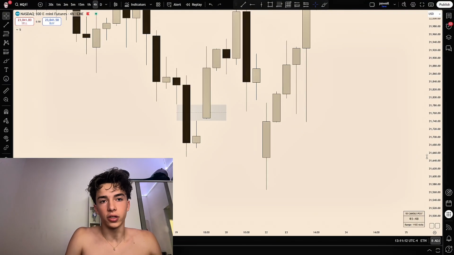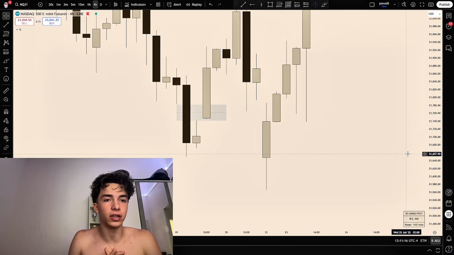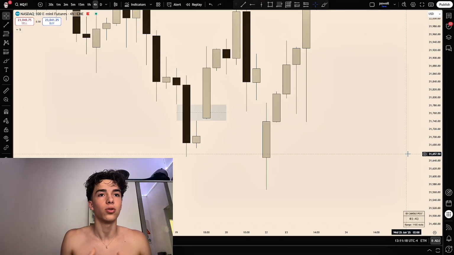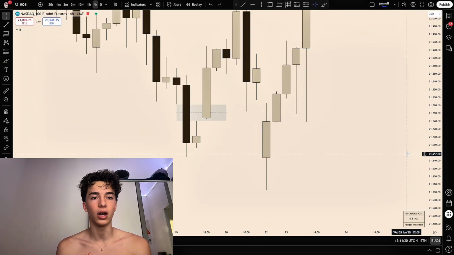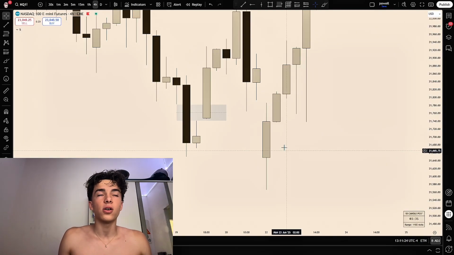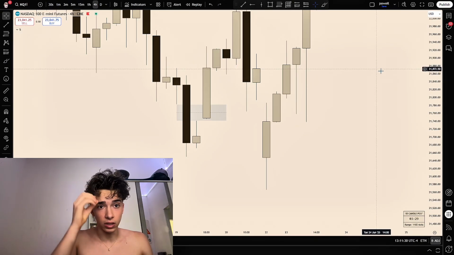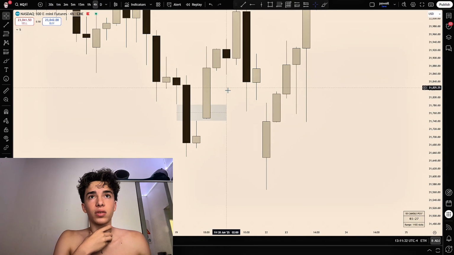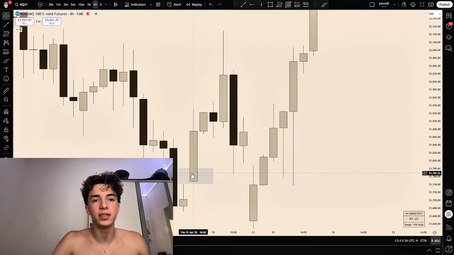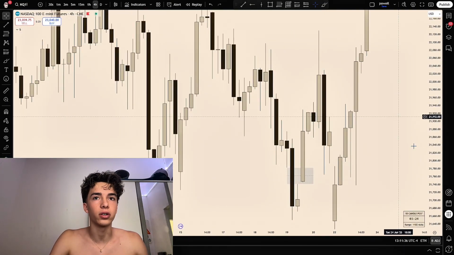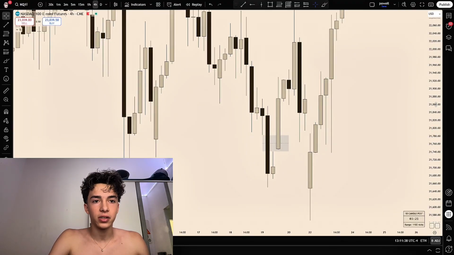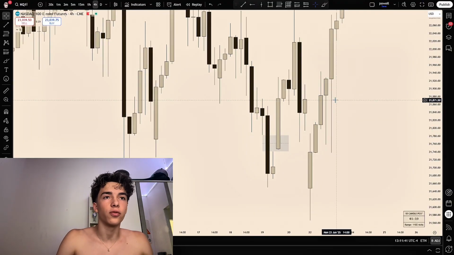How is an inversion fair value gap useful for us? For two main reasons. First, as a confluence: when we trade my style, with precision, it can be an additional confluence for entries. Or, for a normal strategy, when we see this, it's basically a sign that the trend is going to reverse, and we can use it as confirmation.